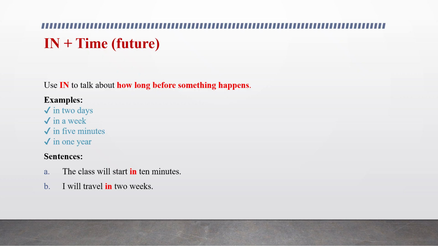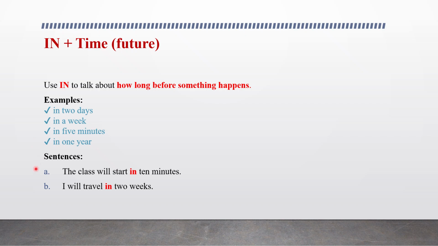So you can have an example like in 2 days, like maybe you can say I'm planning to travel in 2 days time, in a week, in 5 minutes, in 1 year. All these examples are showing the future. These are things that have not yet happened. They are like plans. You are planning to do them.